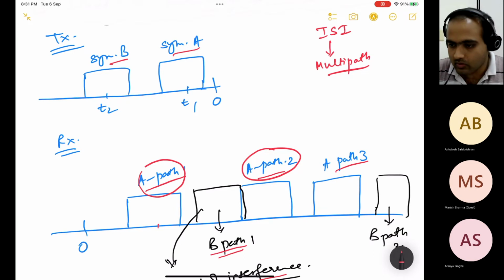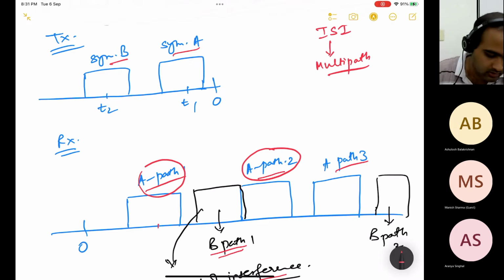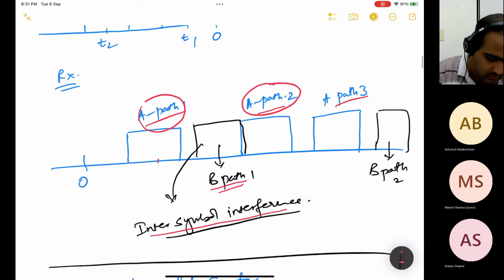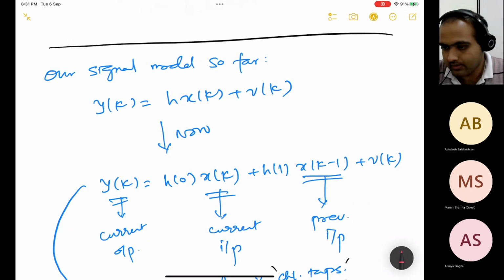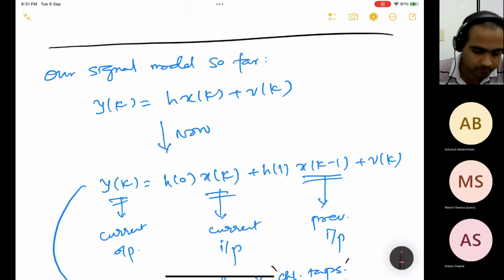Say we are transmitting two symbols A and B. It might happen that a copy of symbol B is detected as symbol A. That is intersymbol interference, and we are going to see how we can mitigate or remove it at the receiver.